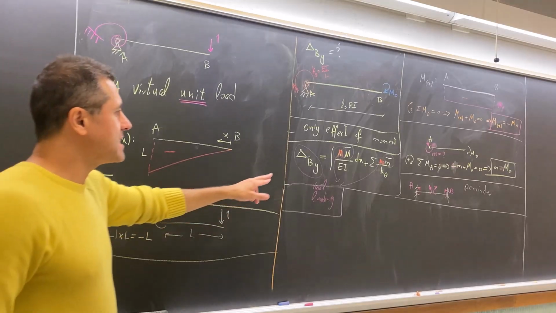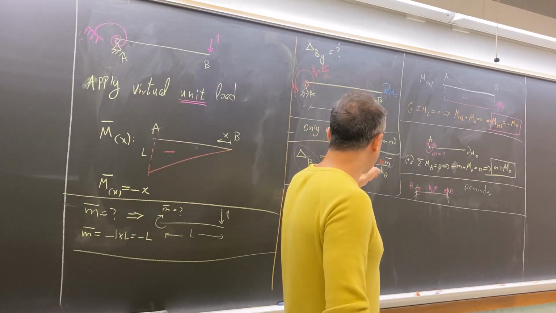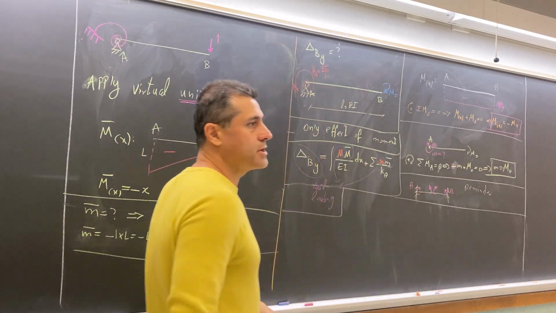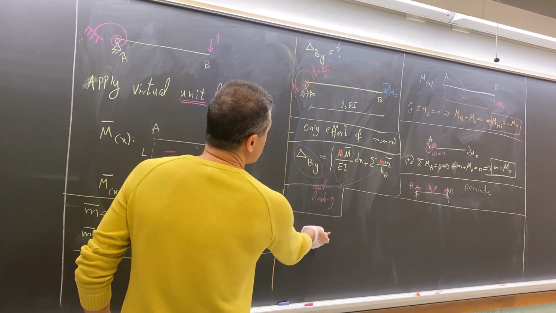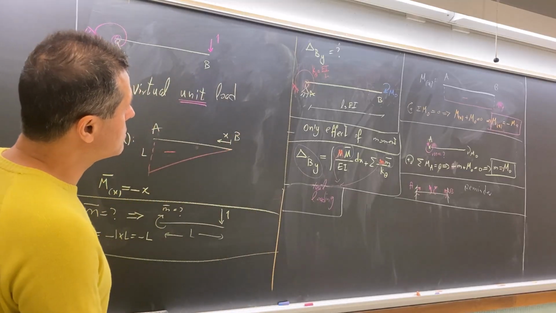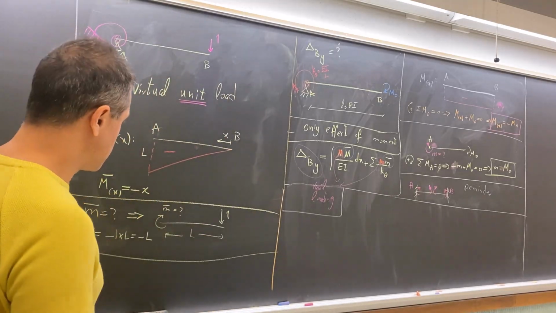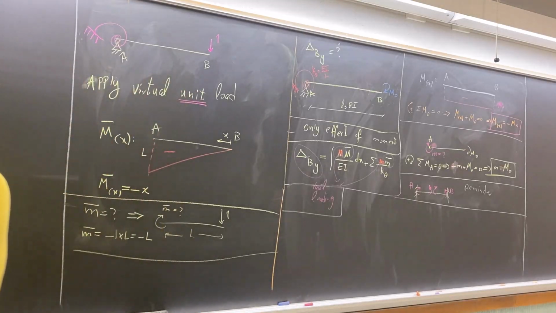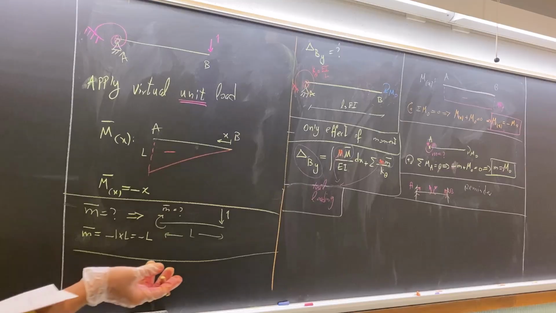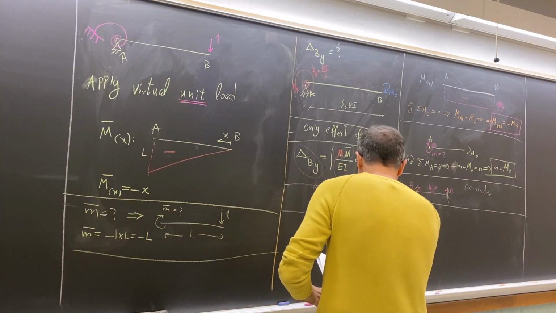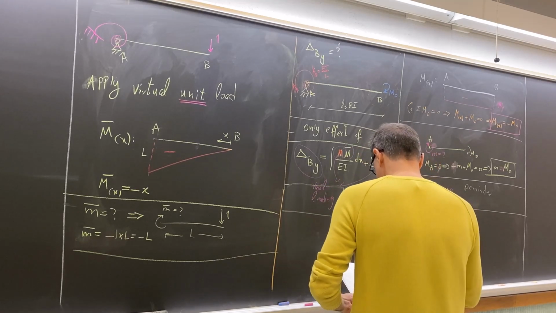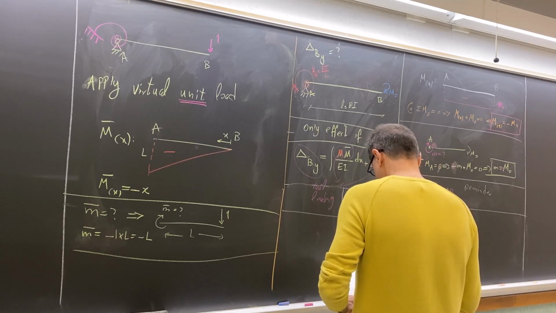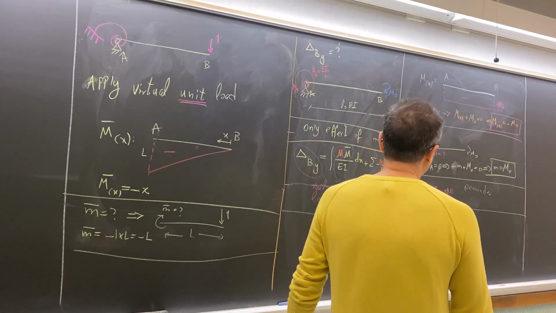So we have the red one and the blue one, just substitute them here. So I'm going to continue here, because I don't want to erase it. Delta By is, oh, we need more space.